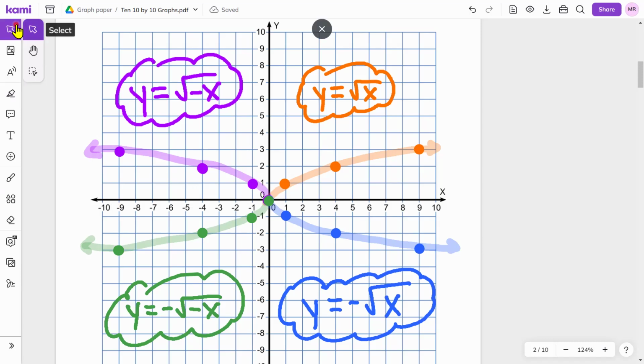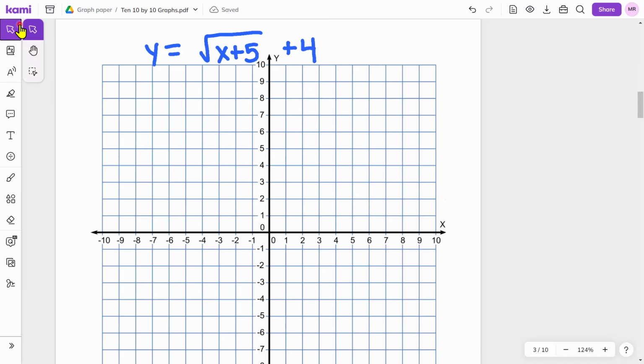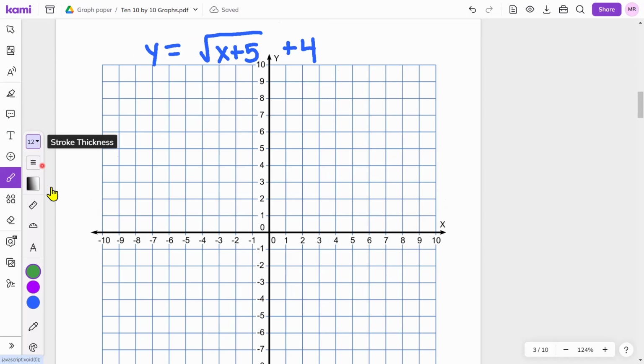Now, this graph here, I'm going to identify my starting point. So my starting point is going to be what makes this 0, which is going to be a negative 5. So this is going to be a negative 5, comma, this plus 4.